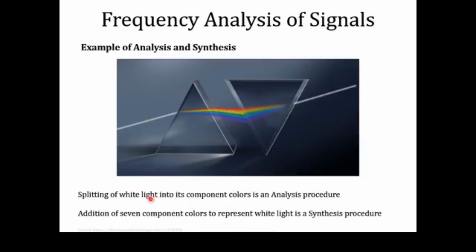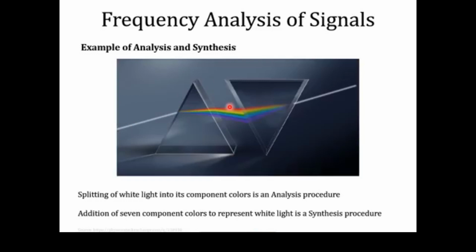So, if we want to analyze the white light, we need a certain tool, which is a prism in this case. Prism is just a tool which enables us to observe the constituent components of this white light. So if you pass a white light through a prism, then we can observe its component colors, where each color will be having its own unique properties.